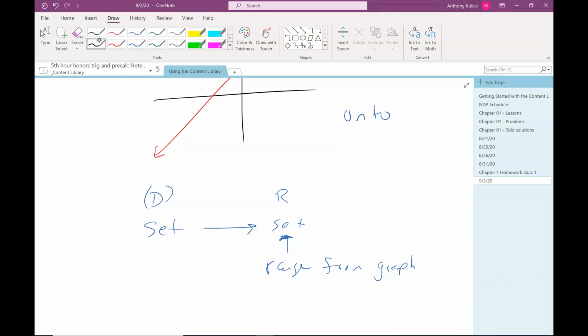Yeah, and a good question, because you should look at that and go, how would I tell looking at a graph if it's not onto, right? Like, if there are y coordinates that aren't used, does that make it not onto? Well, you know, it kind of depends, unfortunately. But it's not a question I would ask you guys.